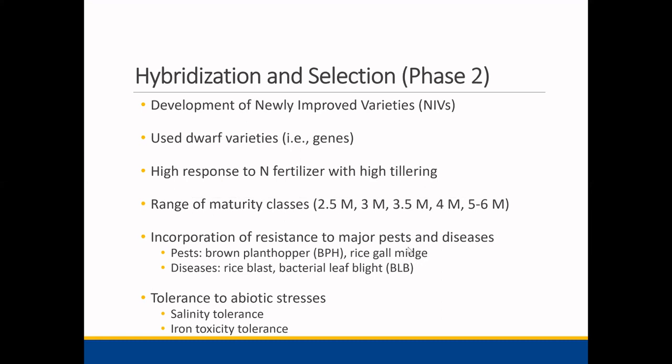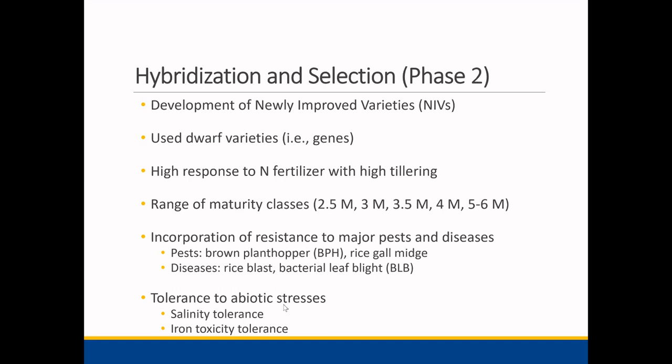That was also a problematic pest, especially in the Asian countries. And then diseases like rice blast and bacterial leaf blight, BLB, right? So the genes responsible for the resistance to these pests and diseases were incorporated.